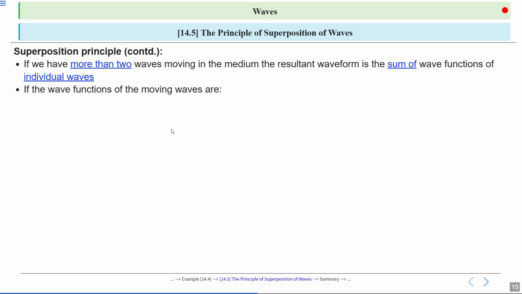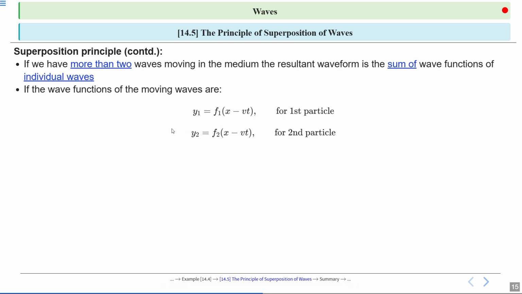So let's look at how we represent these individual waves mathematically. Suppose we have several waves, each with its own wave function. For the first wave, we write its displacement as y1 = f1(x - vt). The function f1 describes the shape of the wave.